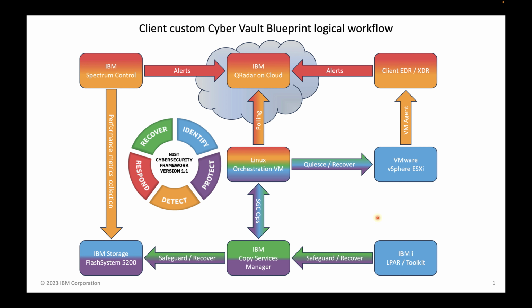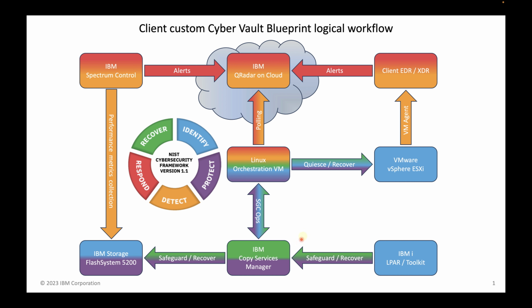So this client had a need to have safeguarded copies on both IBM and in their VMware environment. For IBM they're going to use the safeguarded copy toolkit, and they wanted to manage that from there.